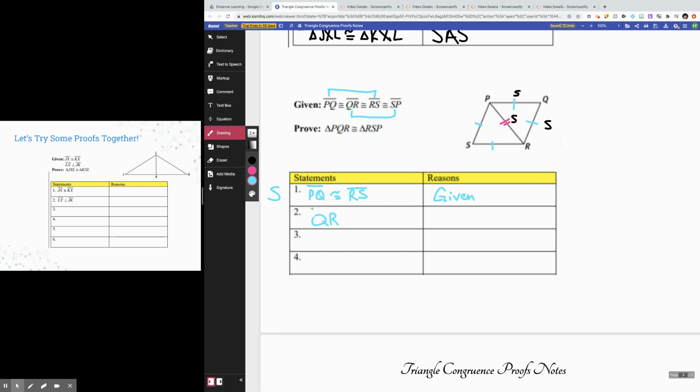QR is congruent to SP. And again, that was given to me. Okay, then the third one is the side that I marked congruent to itself. So I said PR is congruent to itself, congruent to PR. Okay, remember whenever things are congruent to themselves, that's always the reflexive property.